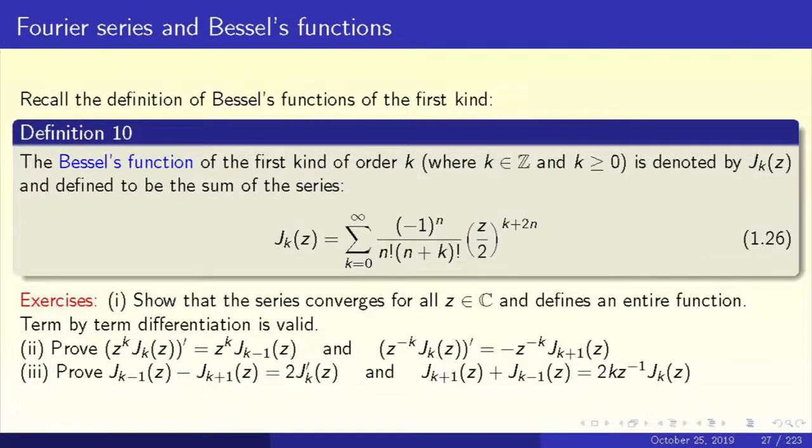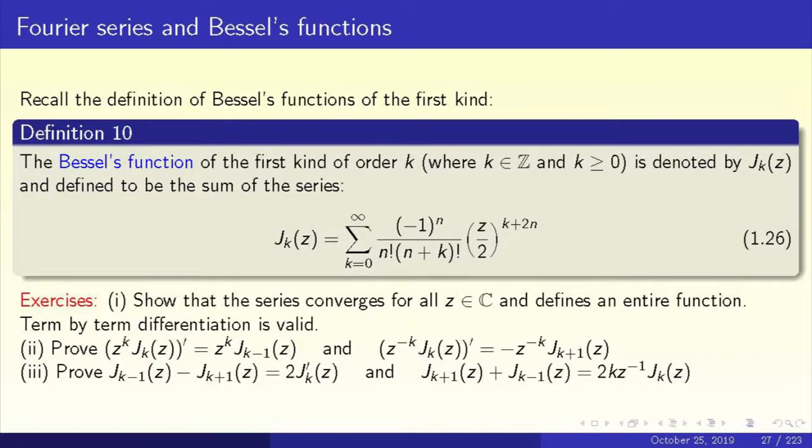Now the second exercise says prove that (z^k J_k(z))' equals z^k J_(k-1)(z). The third exercise is (z^(-k) J_k(z))' equals -z^(-k) J_(k+1)(z). The third exercise follows immediately from the second.